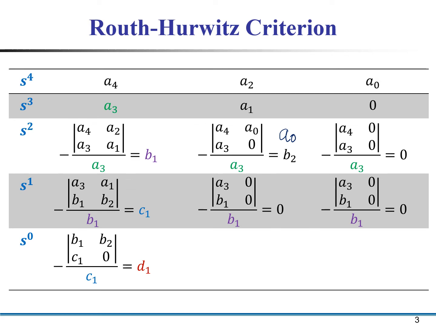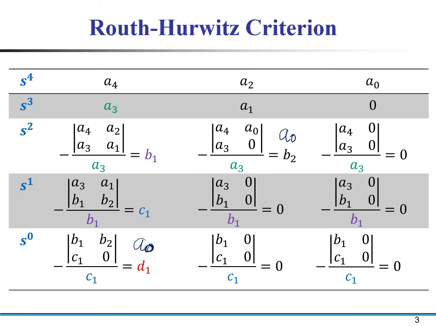Here if you do a little calculation, just check here after calculation at the end you will get A0. Just try it whether you can get A0 here. Then we move for the next element. So here because this and this is 0, here you will get 0, and similarly here again you are getting 0. Now the table is completed.